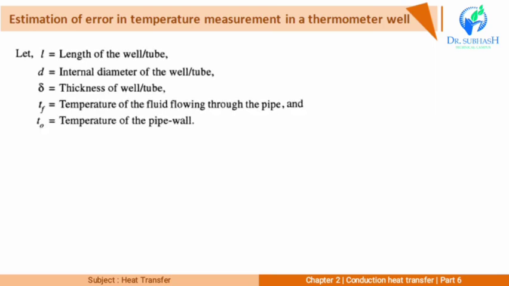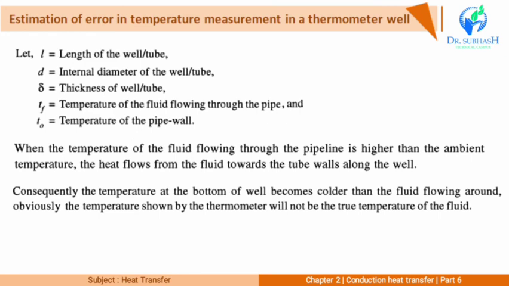As I said, L is equal to length of well or tube, D is the inside diameter of the pipe, and delta is equal to thickness of well or tube, Tf is the temperature of fluid flowing throughout the pipeline, and T0 is the temperature of pipe wall.